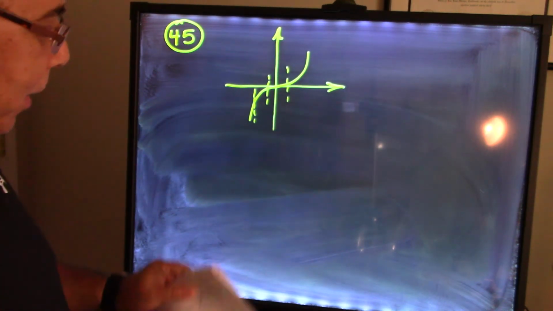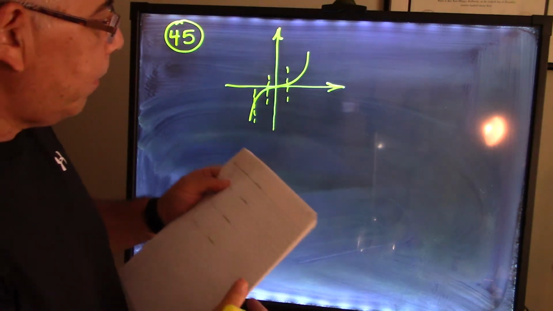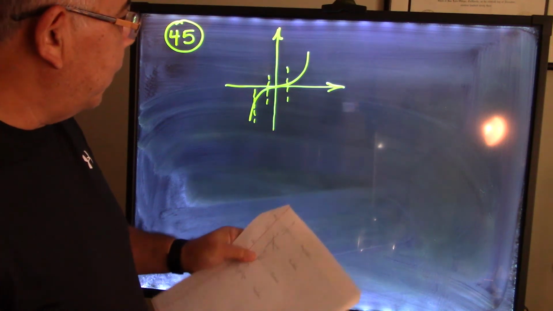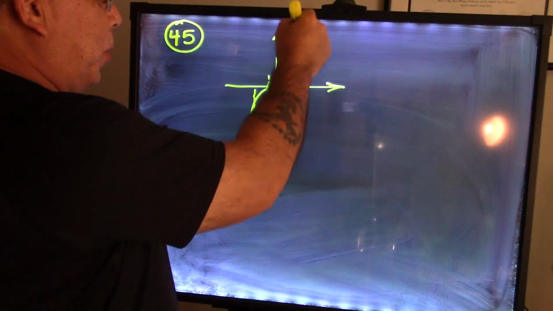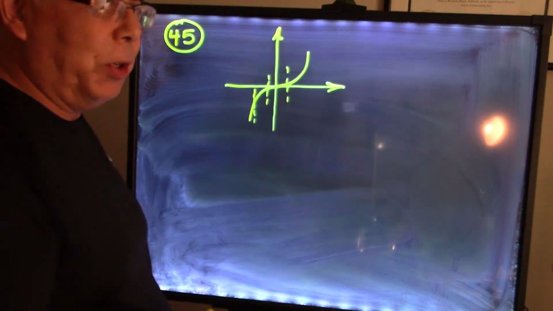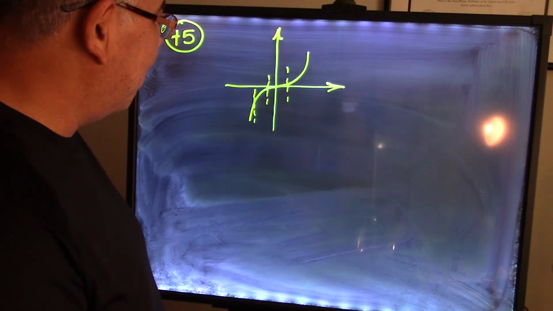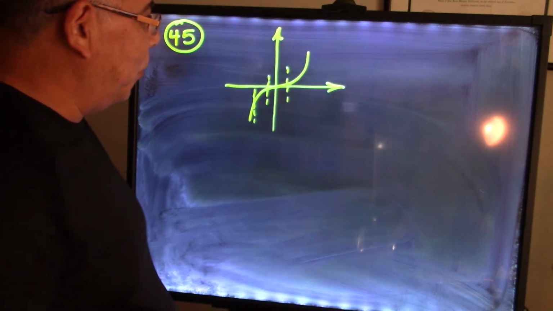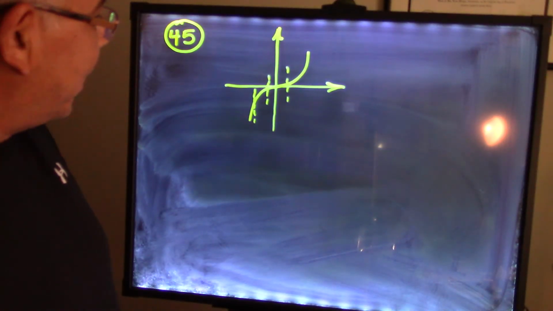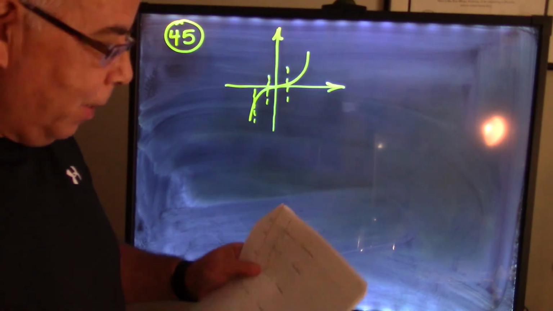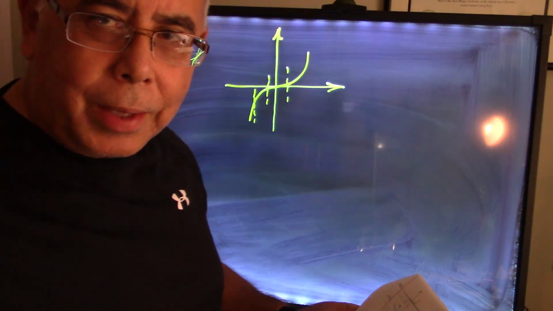All right. So there you go. If it ever did reach a vertical way, which it won't, we're assuming it won't, then it wouldn't be a function. But this one looks like y equals x cubed. All right. So that is a function.